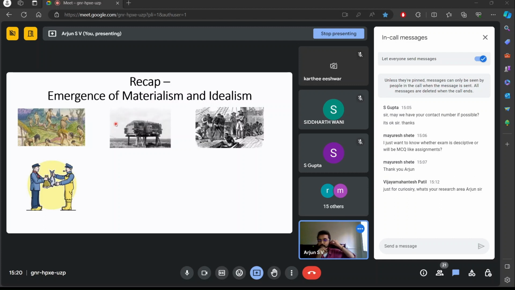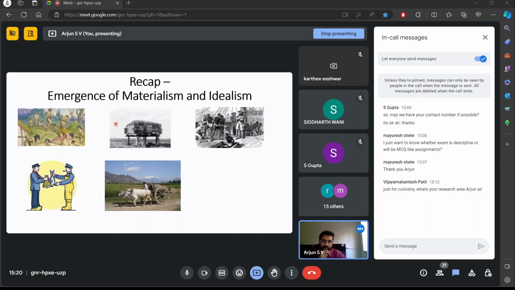In the modern world, this barter exchange gave rise to money, and this exchange also gave rise to certain inventions, because if you have to exchange goods, you have to transport them from one place to the other. So to transport those commodities efficiently across places, you need certain kinds of inventions, and so the wheel and the transport cart became common.